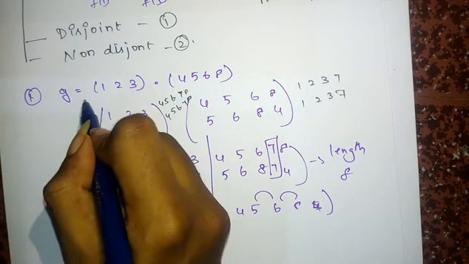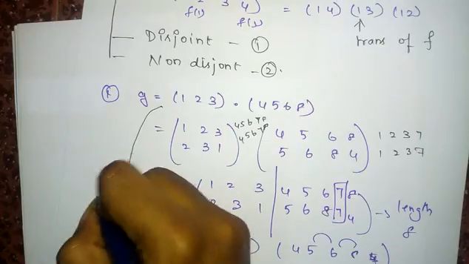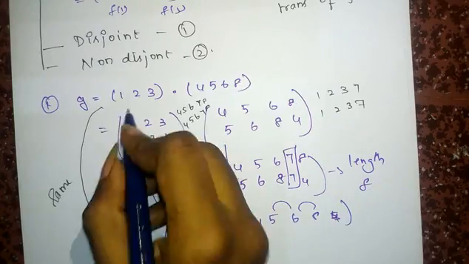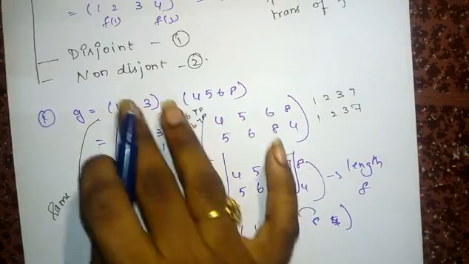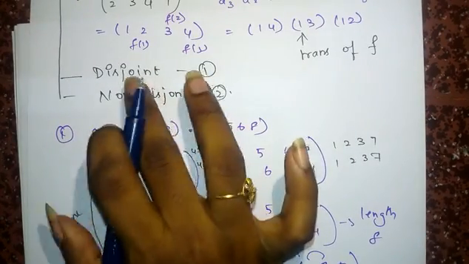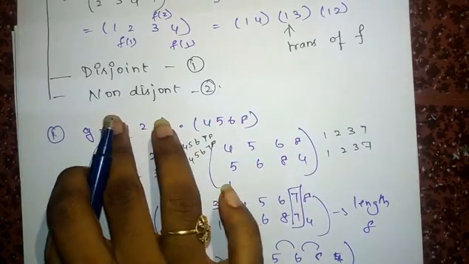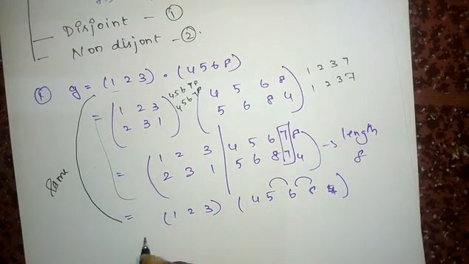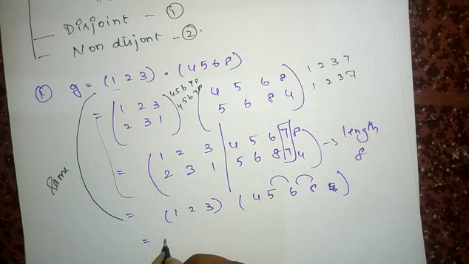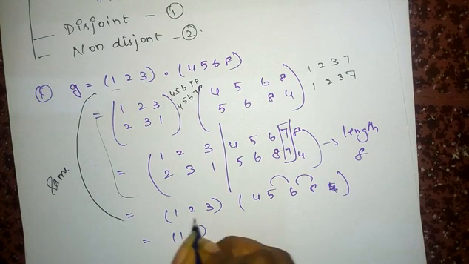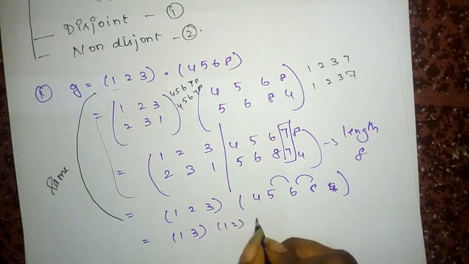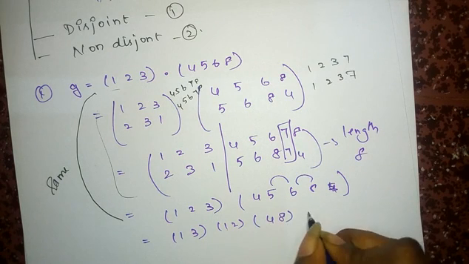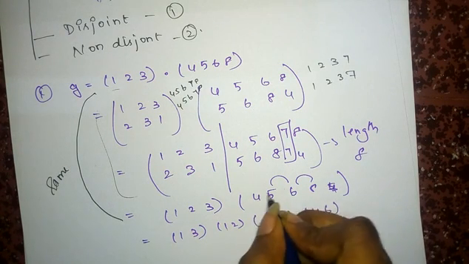So these two are the same. You don't have to do this process when it comes to disjoint permutations. Only then does non-disjoint permutation differ. The transposition of this is 1 and 3, first and the previous last, 4 and 8, 4, 6 and 4, 5.